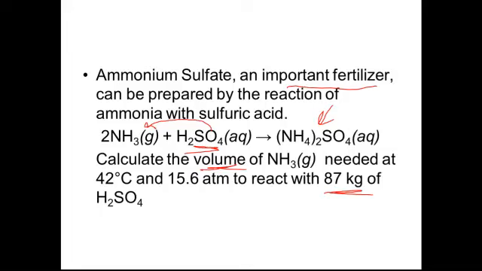Again, it looks like we're starting with 87 kilograms of sulfuric acid. The first thing we want to do is convert that to grams: 87,000 grams of H2SO4. And now we need to convert from those to moles of NH3.